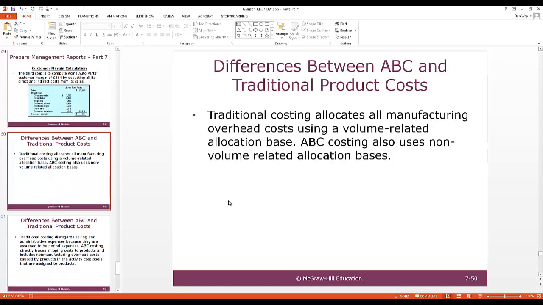Let's just highlight a couple differences between ABC and our traditional product costs. In our traditional costing system, remember, we allocate all of our manufacturing overhead costs using some volume-related allocation base. That was always direct labor hours, machine hours, direct labor cost, and so on. Under activity-based costing, we also use those non-volume-related allocation bases.